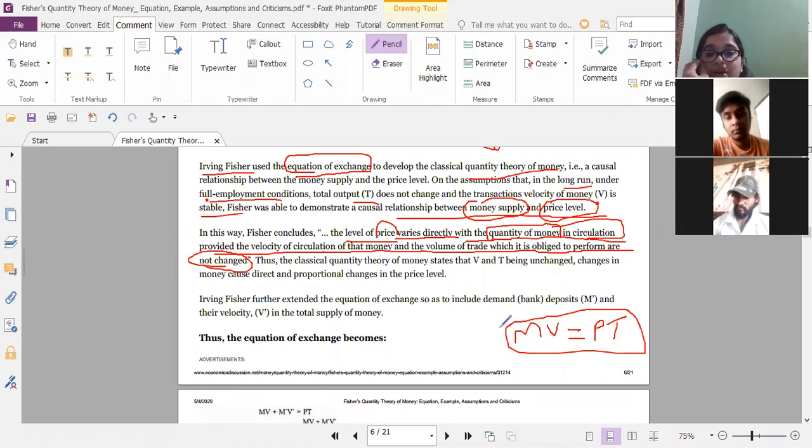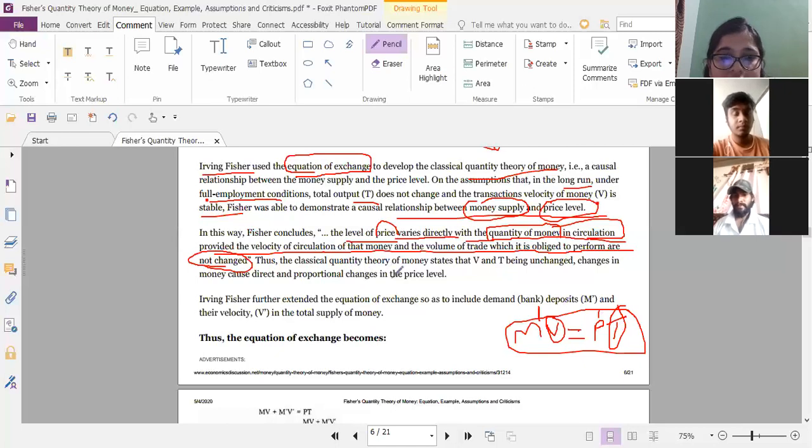So he says that the price P will depend on changes in M, provided V and T are constant. These two should not change. So at that time P will change according to M. If there are changes in these two, then the relationship may not be as good as it would be when these are stable, right?